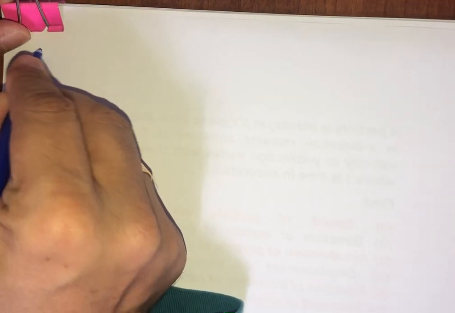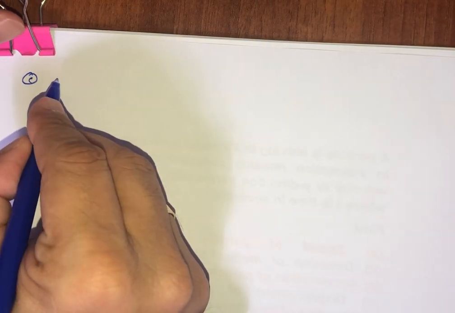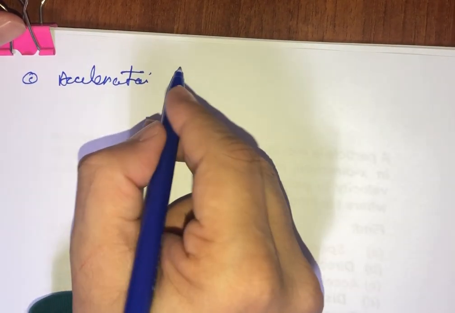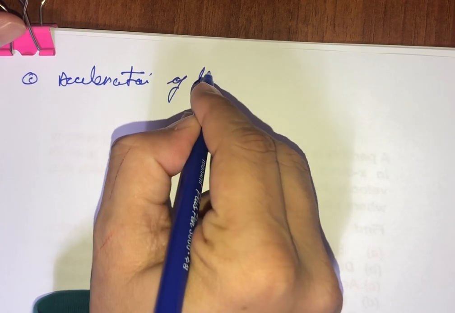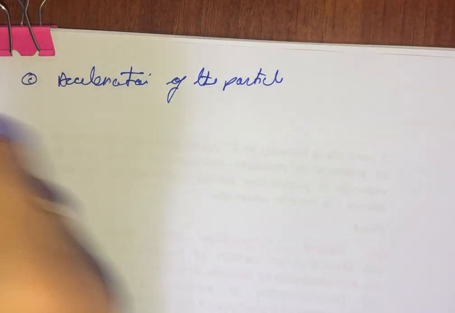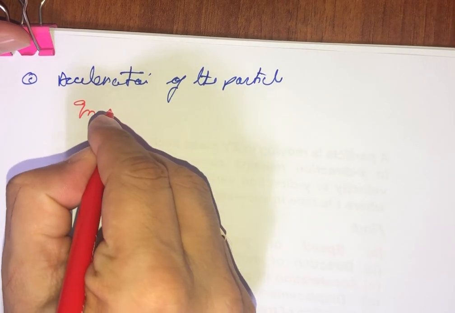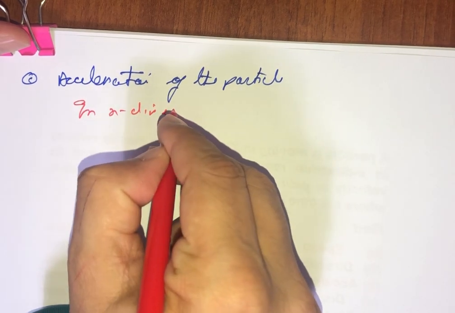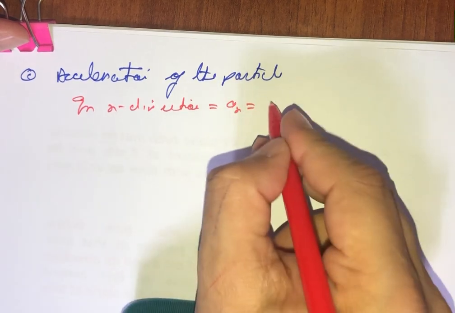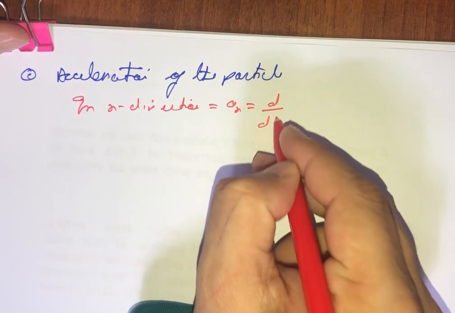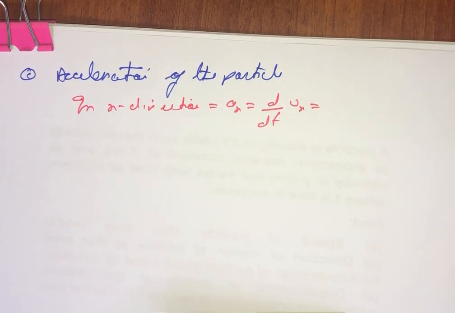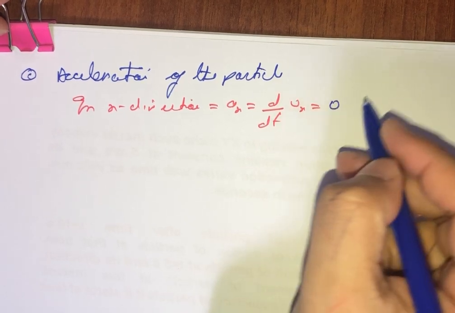So in the c part, the acceleration of the particle in x direction, let us call that ax, will be equal to the derivative with respect to time of velocity vx, and vx is constant, that is 5, so ax will be equal to 0.